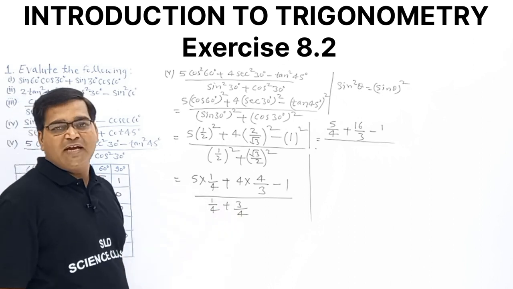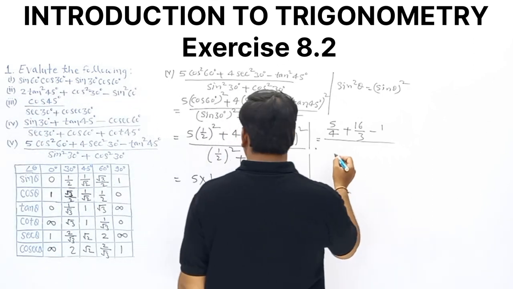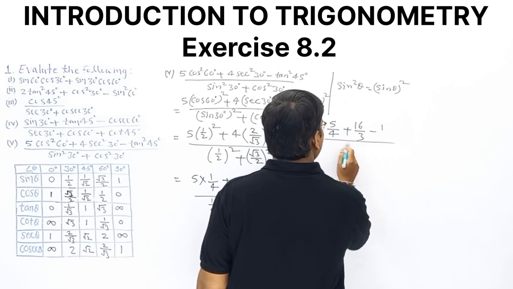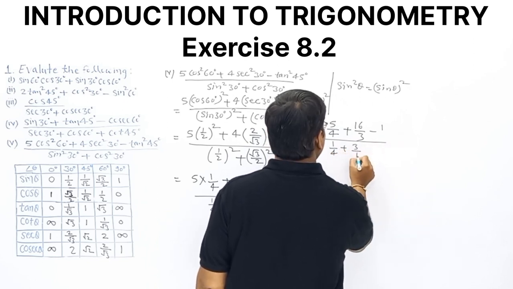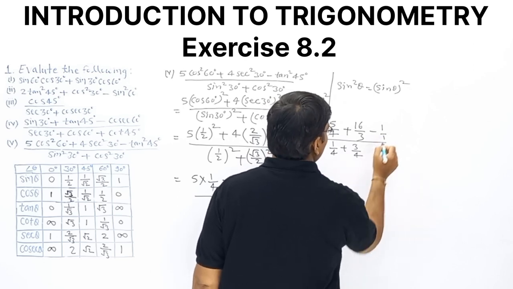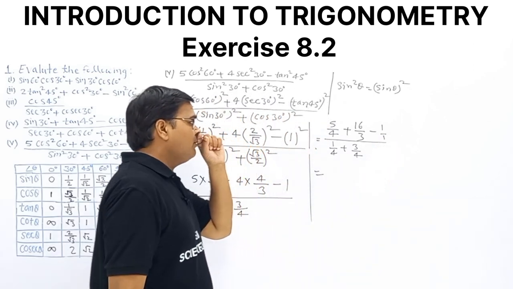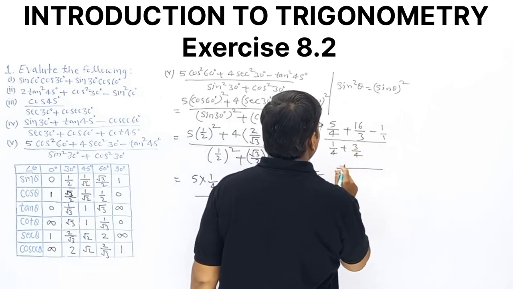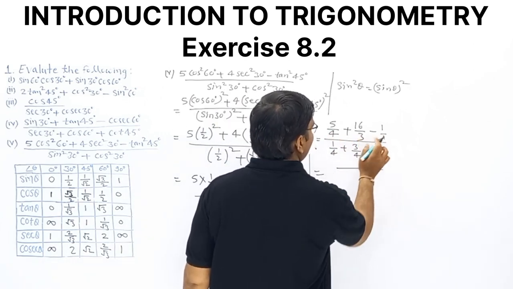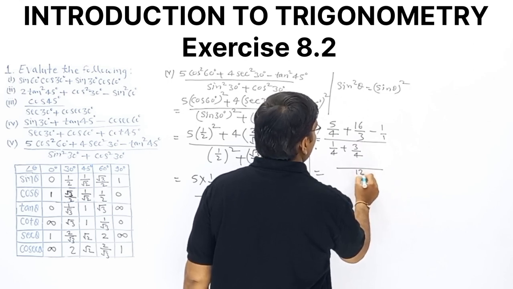Once we add both, we are getting 1, but take the LCM. Now take the LCM. There is 1, so its denominator will be 1. Take the LCM in the numerator. In the numerator, what are we having? 4, 3 and 1. LCM will be 4 threes are 12.